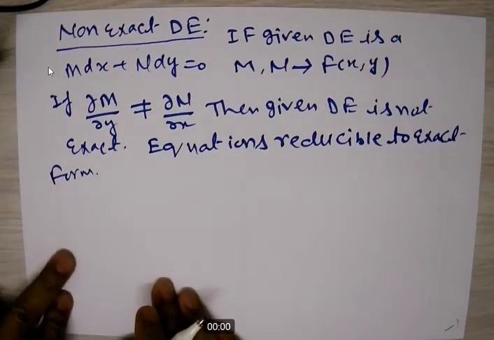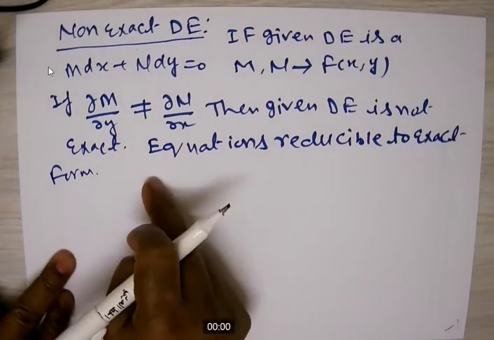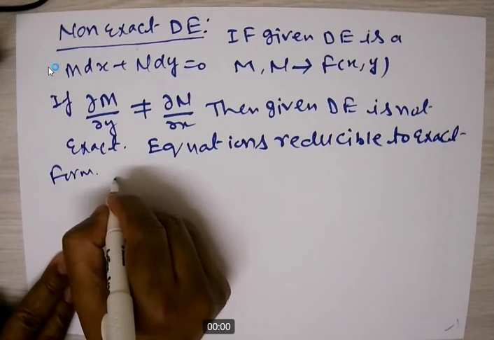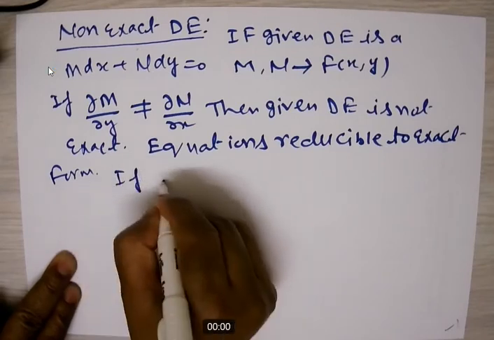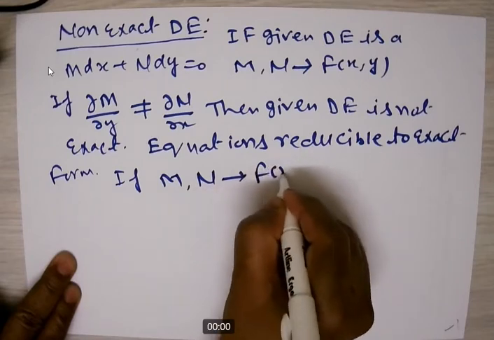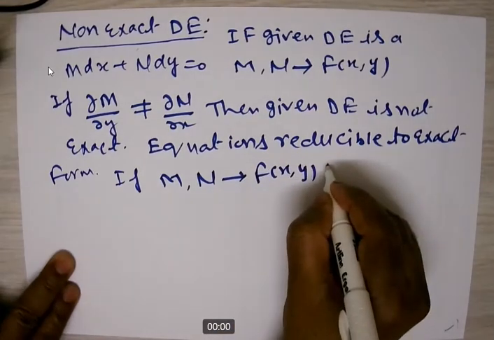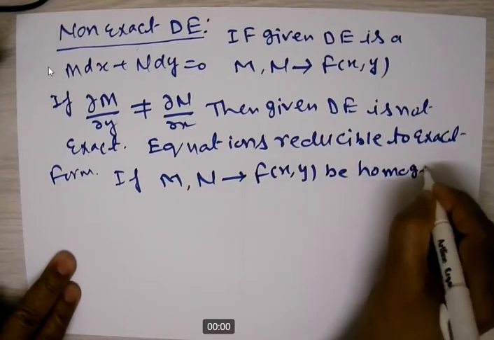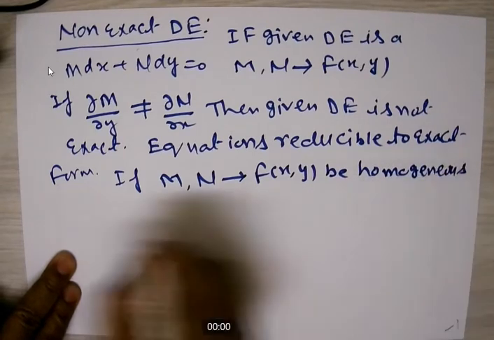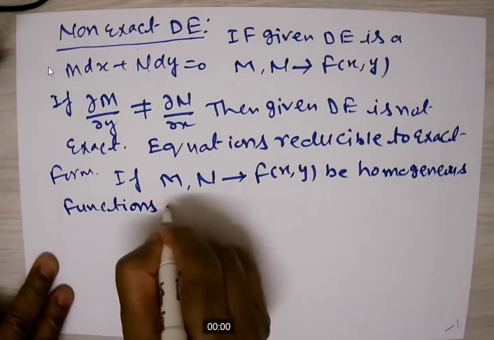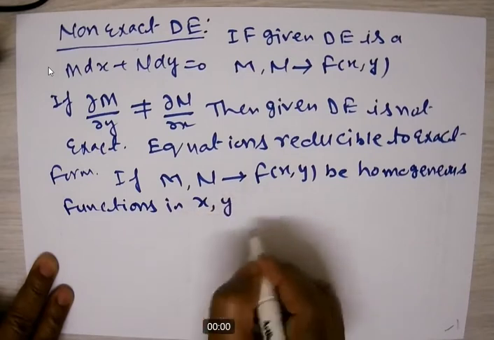How can I reduce this to exact form? One easy way is if M and N, which are functions of x, y, are homogeneous functions in x, y.